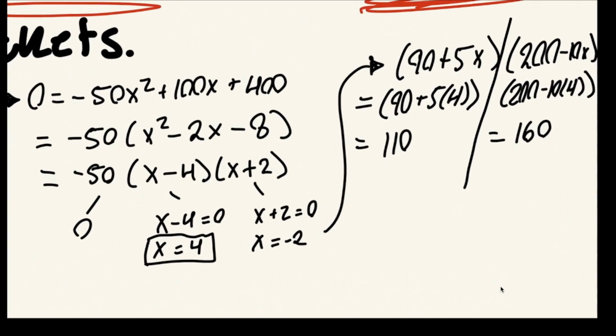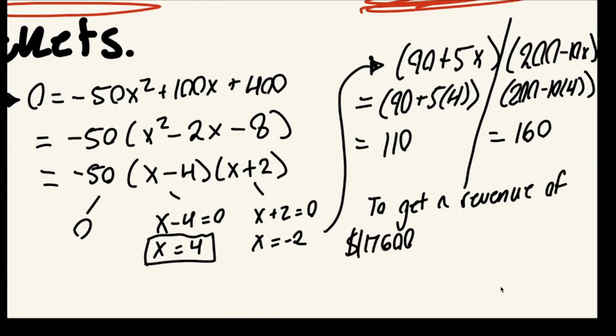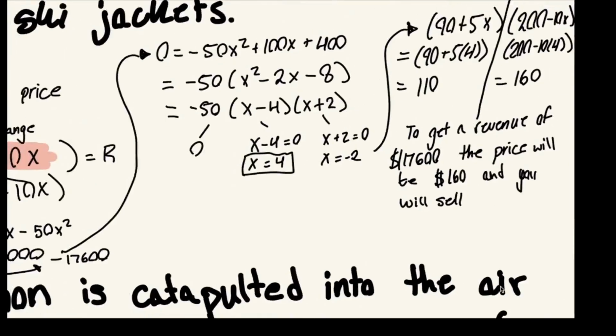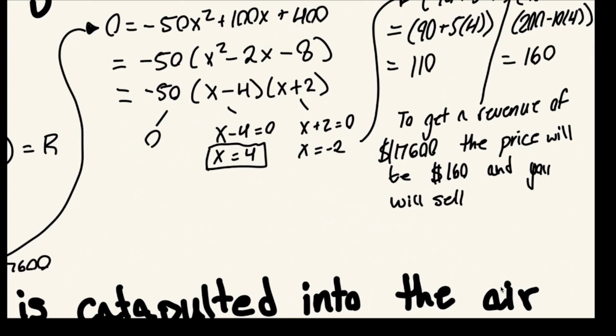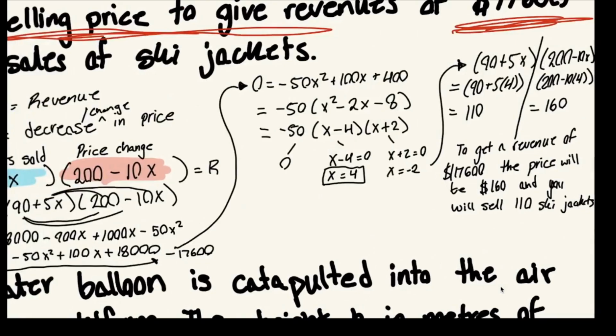So that means to get a revenue of 17,600, we sell 110 ski jackets. And then that's your answer for that question.